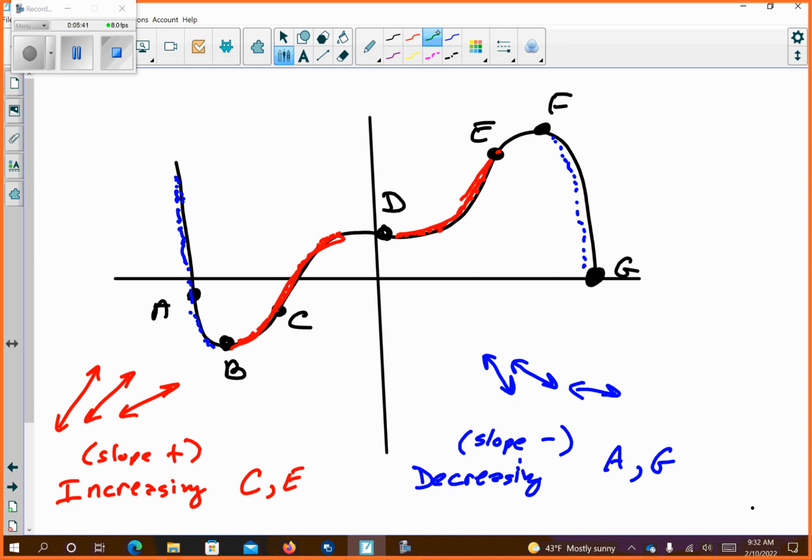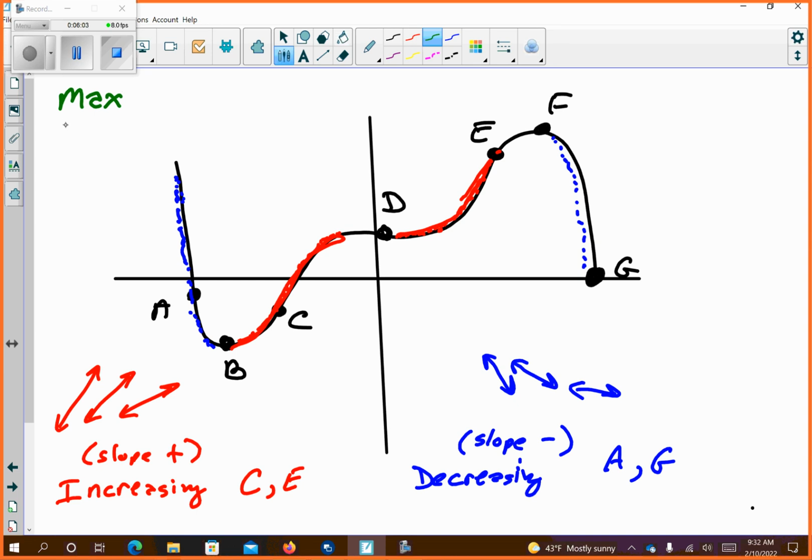But then you have maxes and mins. So we'll do a max in green. Okay, a max is a turning point on our graph where we go from an increasing slope to a decreasing, or decreasing and increasing.